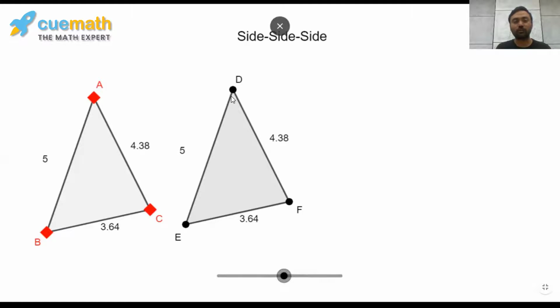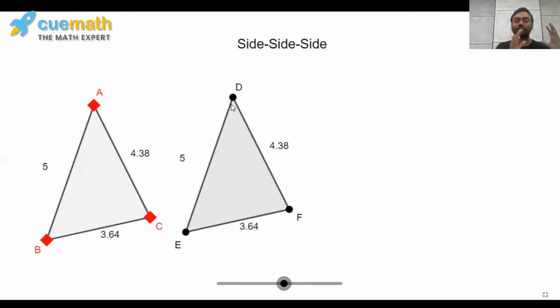And also we see that the three sides of one triangle are equal to the corresponding three sides of the other triangle. So that is how by SSS or the side criteria, we can conclude that triangle ABC is congruent to triangle DEF.